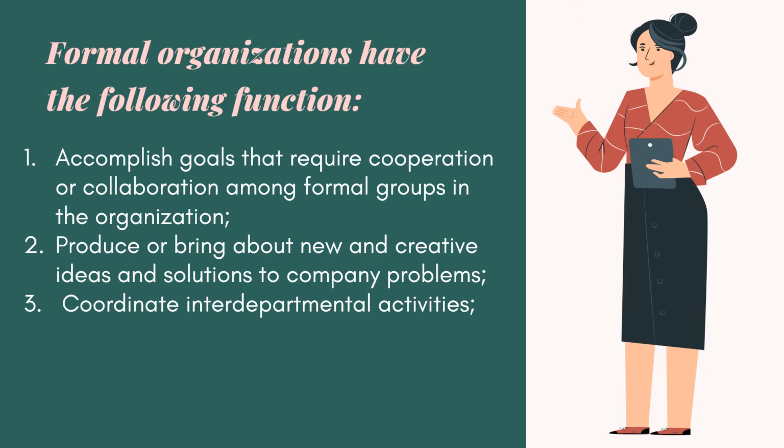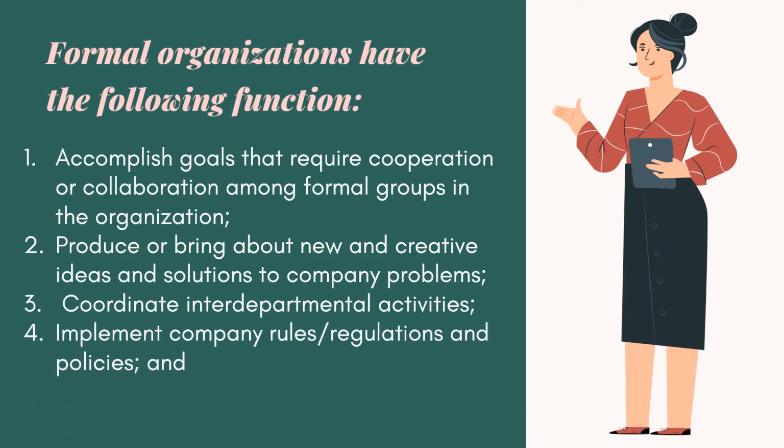Then, number four, implement company rules or regulations and policies. So, it is also for the achievement of the goal. So, dapat sinusunod lahat and nai-implement ng maayos yung rules and regulations or yung policies ng company or formal organizations. And then number five, orient or train new employees.